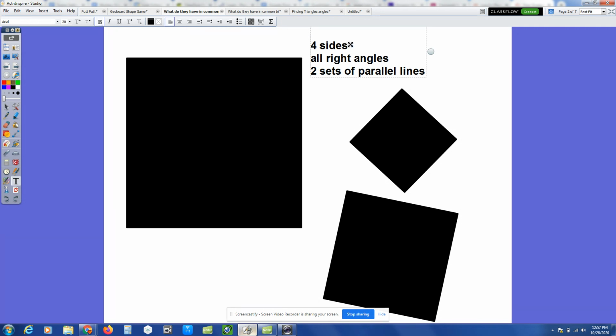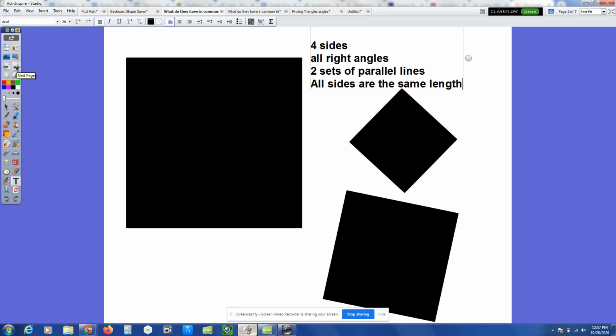So, four sides, all right angles, two sets of parallel lines, and all sides are the same length. Okay? So, there you go. That's what all of these have in common. They all have four sides. Every angle is a right angle. All the lines in the shape are parallel, and all the sides are the same length.